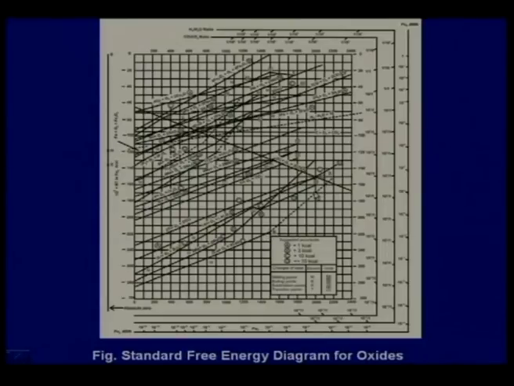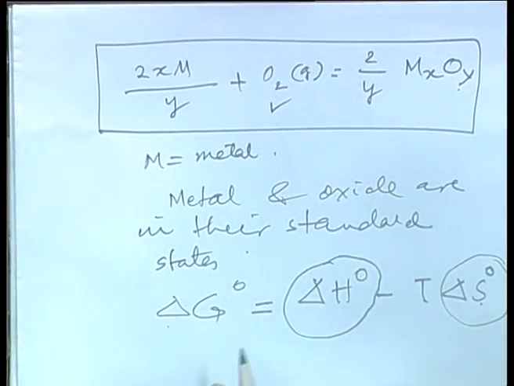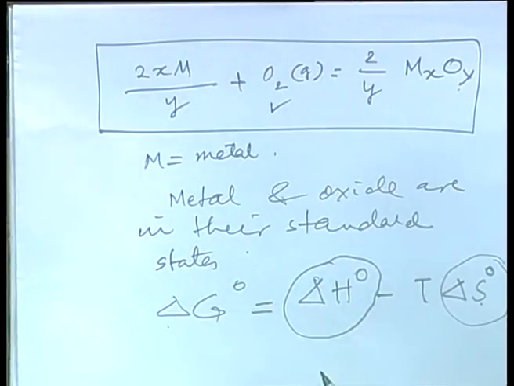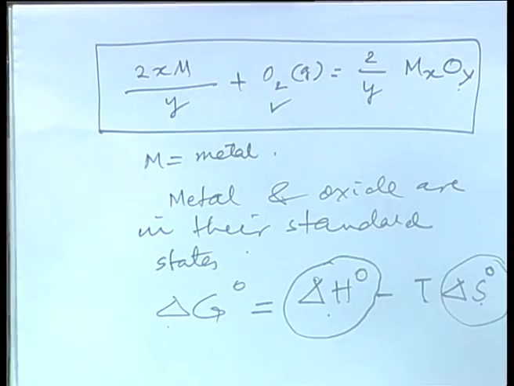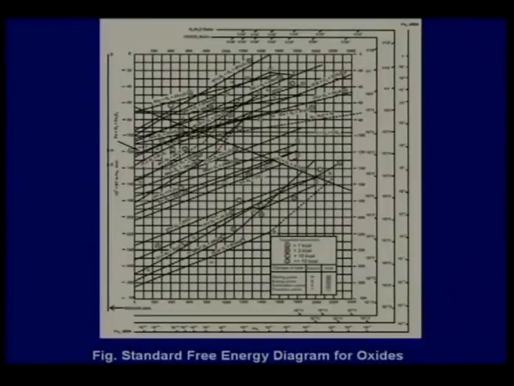This is explained by a heat of melting of the metal or the oxide, because if there is melting of the metal or melting of the oxide that is being formed, then the slope will change, because this value will change, the intercept value will change. So, you must understand, in some cases it should go up and in some cases it should go down. If the oxide was to melt, the slope will go this way.